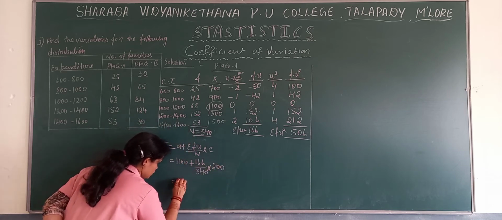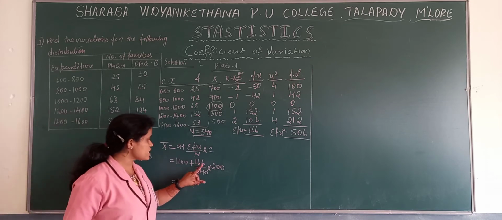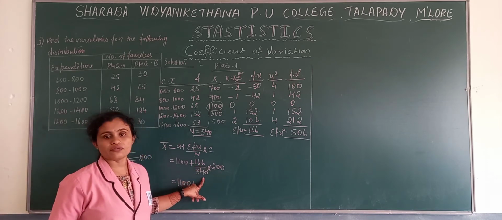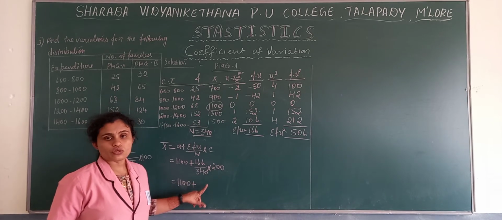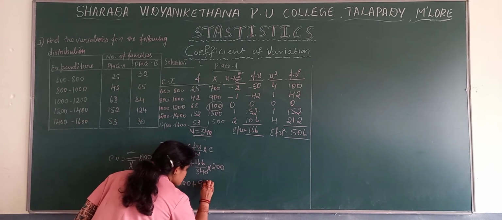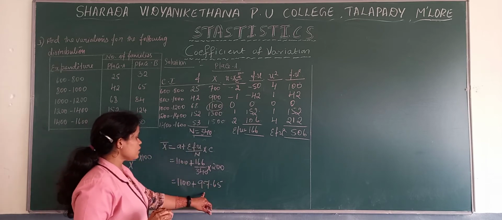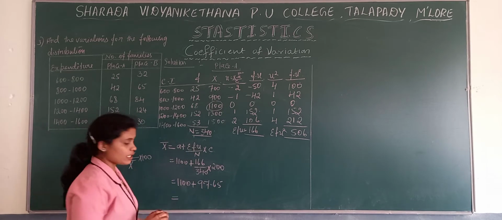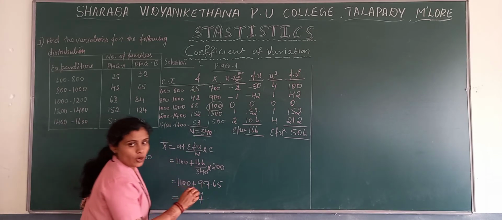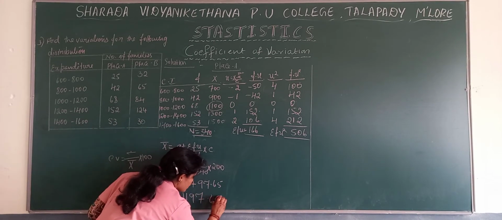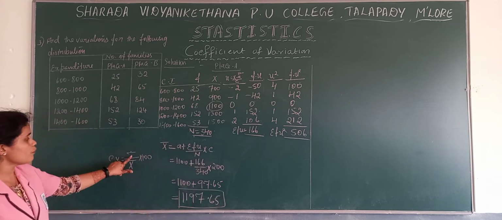So here we get 1100 plus 166 into 200 divided by 340. When we do so, we get 97.65, and 1100 plus 97.65 gives 1097.65. This is your arithmetic mean. So we got the value of the mean.